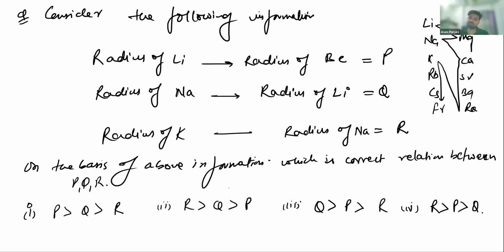The second option: yes, the radius of K should be greater than Q, which should be greater than P. Got it? You understood? Yes, sir. So here you can understand by this one.